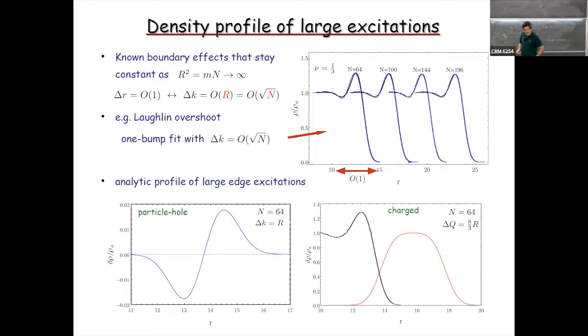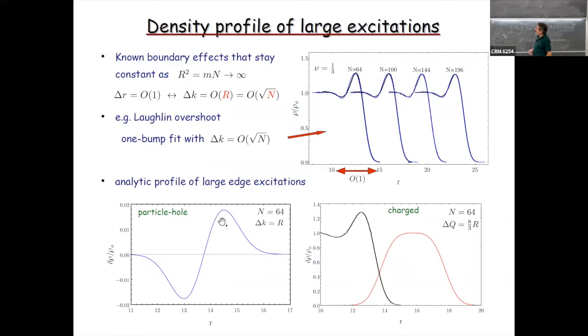For example, it is a well-known fact that the Laughlin wave function has a bump at the boundary which does not disappear. This is numerical analysis. It does not disappear as I increase the size of the droplet, and this is the kind of effect that we are discussing.